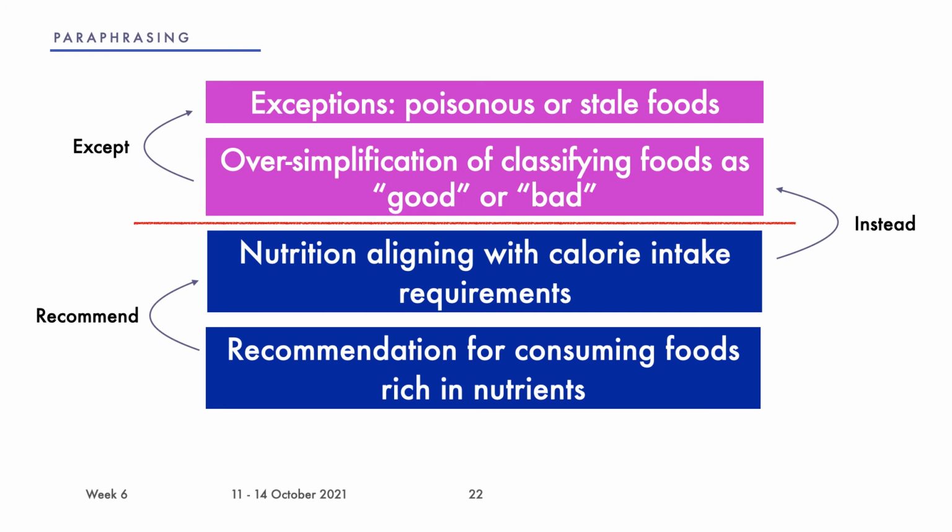So what should we do instead? We have a recommendation in the later part of the passage, which is a recommendation for consuming foods that are rich in nutrients and aligning with calorie intake requirements. So we can write the passage now by putting them together in a logical manner.